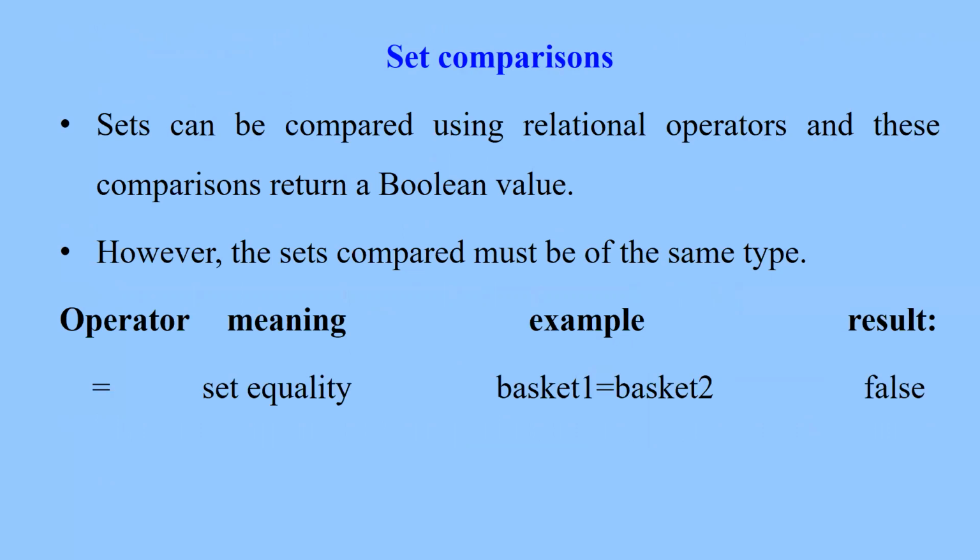The first operator is called equality operator. So it means set equality. An example is basket 1 equal to basket 2. In other words, are the elements in basket 1 the same as those in basket 2? The answer is false, not true.